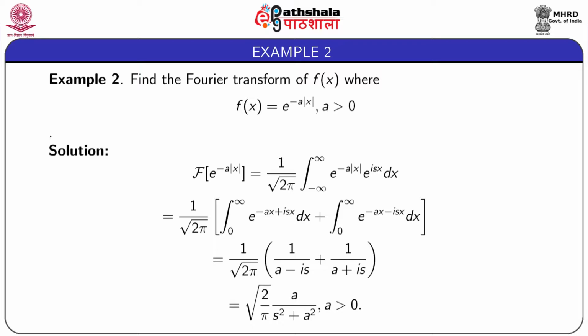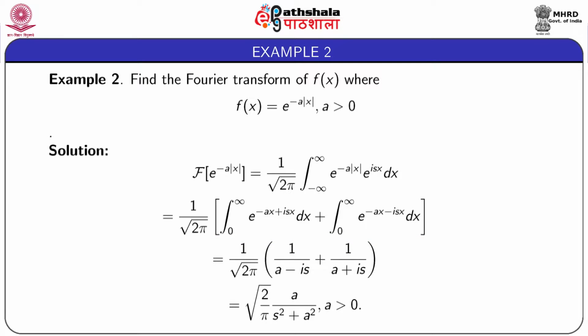given by this expression, that is 1 by root 2 pi integral from 0 to infinity e to the power minus a x plus I s x dx plus integral 0 to infinity e to the power minus a x minus I s x dx.